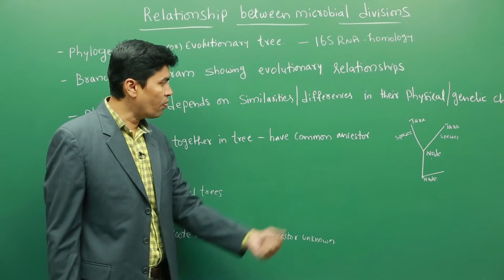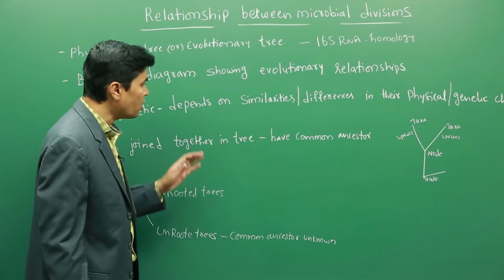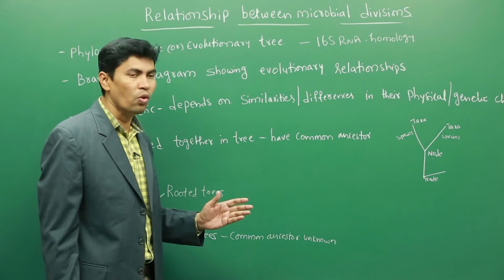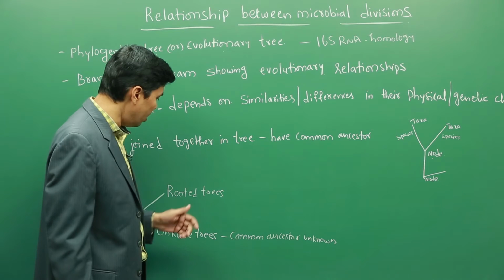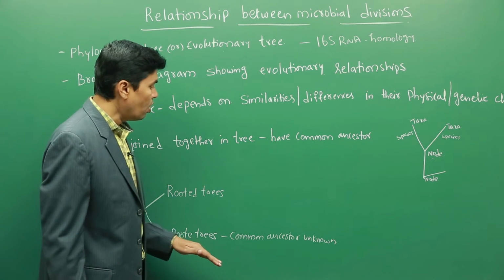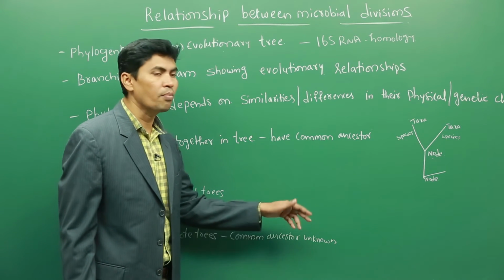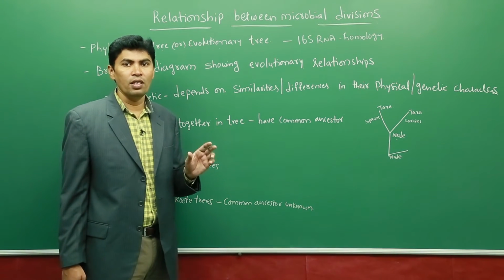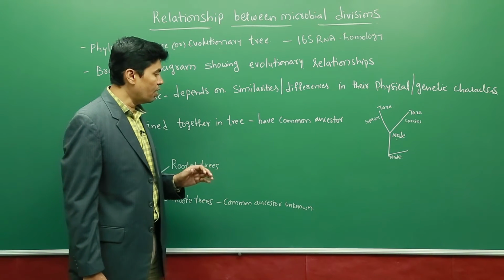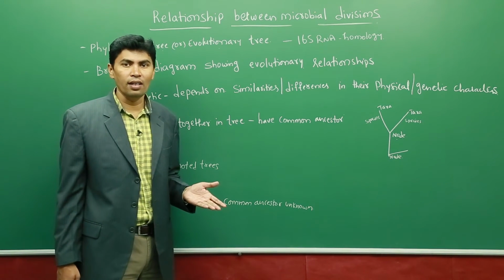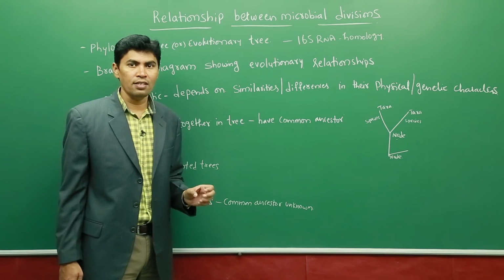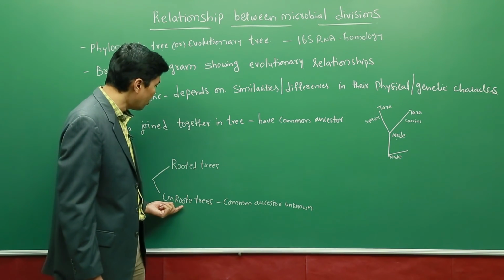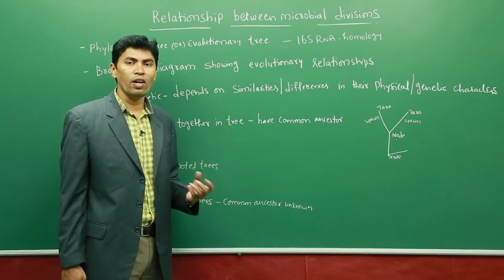This is an example of a rooted tree, which shows a common ancestral point at each node. That is nothing but a rooted tree. And unrooted trees, where common ancestors are sometimes unknown. As far as 16S homology studies are considered, some species are related together, but the common ancestral point may not be known, and it is not usually shown in these unrooted phylogenetic trees.